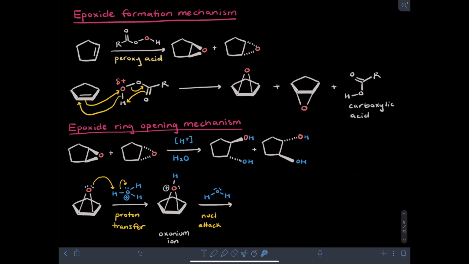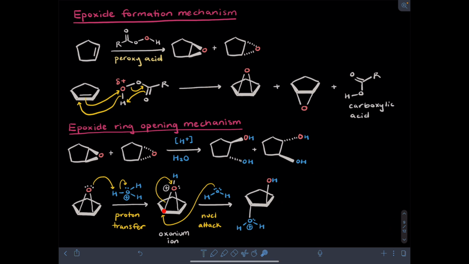Having the oxygen protonated actually has the effect of making the carbons that it's attached to more electrophilic. I'm now going to bring in my nucleophilic water solvent molecule as a nucleophile and have a nucleophilic attack and loss of leaving group in the same step. I will bring in the nucleophilic water molecule to one of the carbons of the three-membered ring and break that carbon's bond to oxygen.